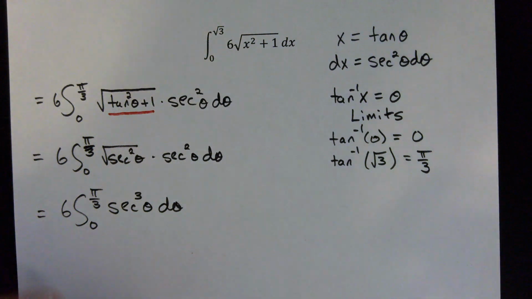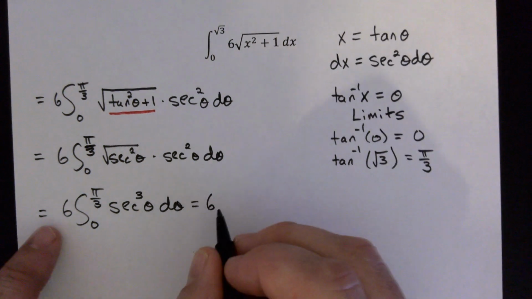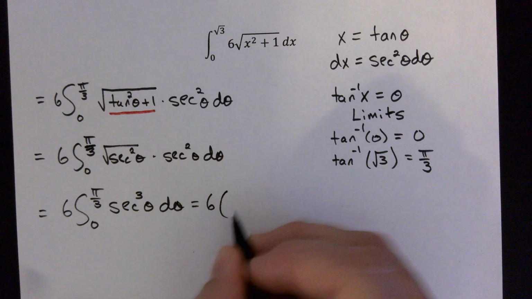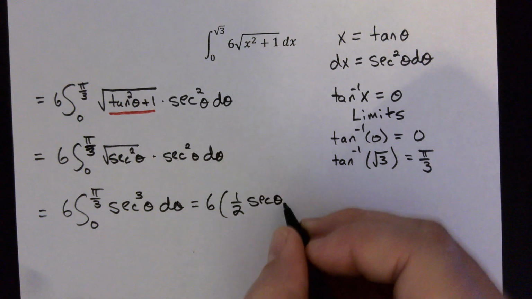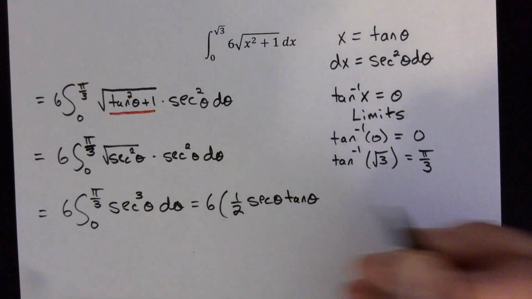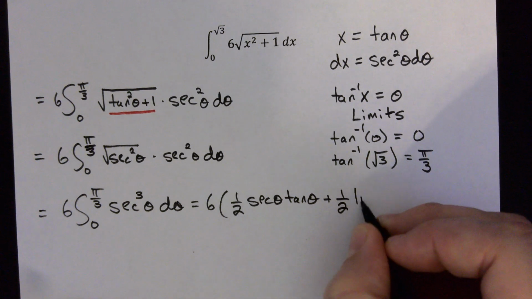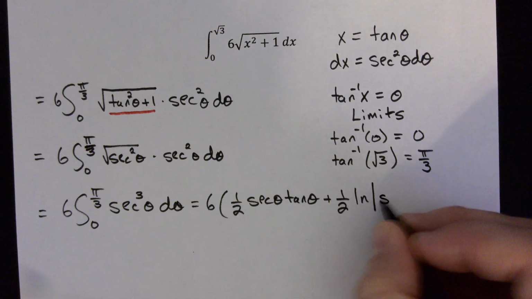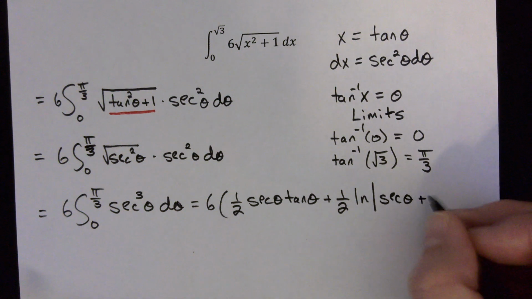The integral for this is going to be equal to 6, that's the 6 from here, times 1/2 secant theta tangent theta plus 1/2 ln of the absolute value of secant theta plus tangent theta.